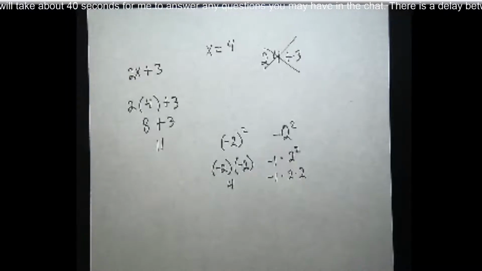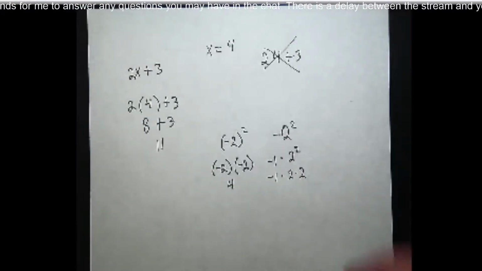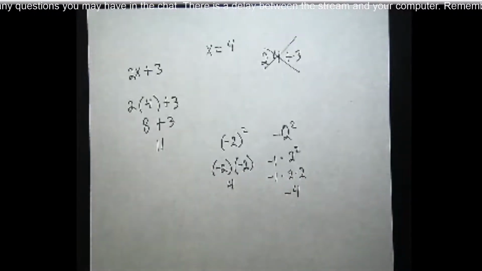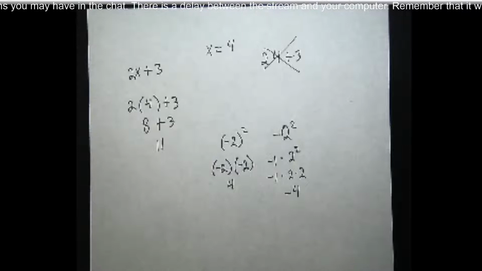Okay, so what does this give us? Well, 2 times 2 is 4, and then 4 times -1 is -4. So yes, indeed, these two things mean something very different. One will give you a negative answer, one will give you a positive answer.